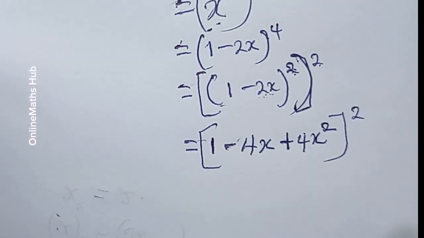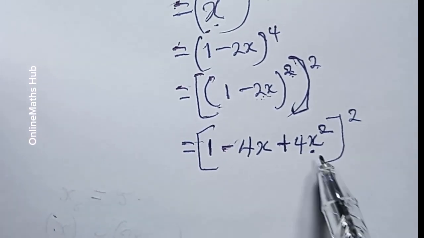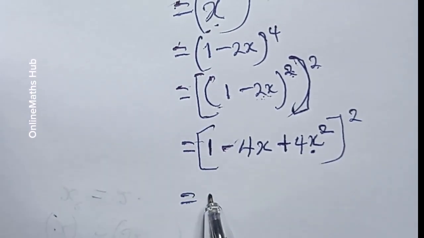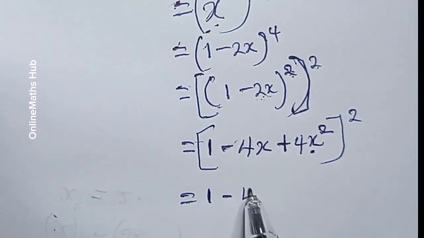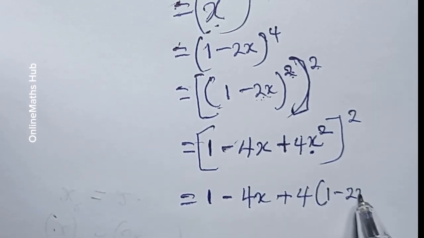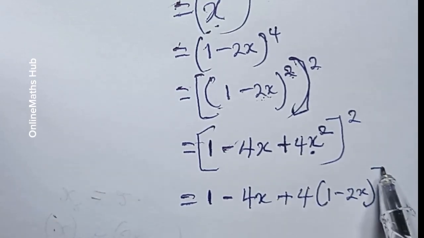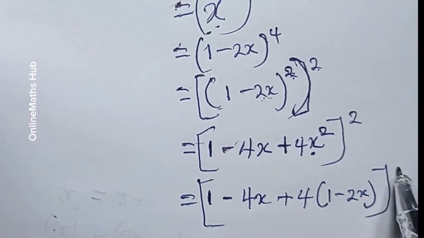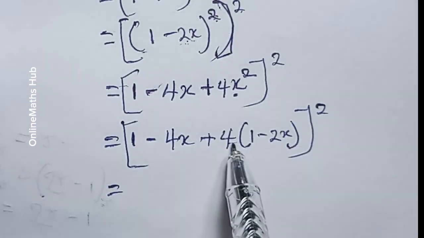Then of course we have an expression for x squared. I'm going to replace that right there, so I'm going to be having 1 minus 4x plus 4 into 1 minus 2x, and all of this is raised to power 2. So next I'll proceed to open this bracket.